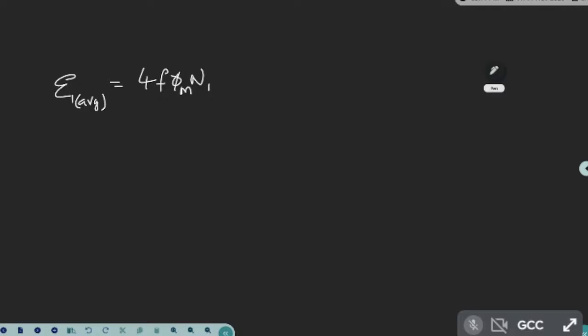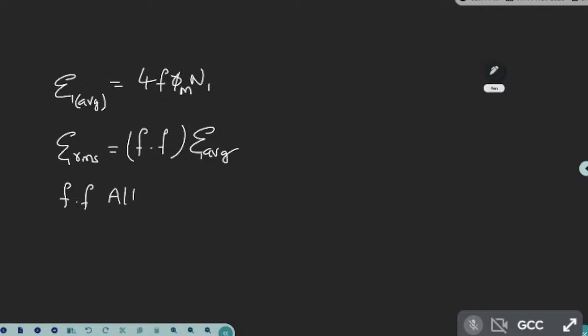Now we require RMS. E1 RMS is equal to, what is the formula? Form factor into E1 average. With respect to the form factor of the alternating quantity, form factor is how much? 1.11.